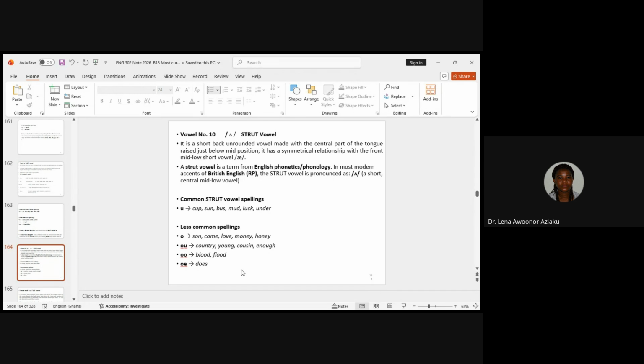And so we have two different norms, the British norm and the American norm. We as Ghanaians, because we've been colonized by the British, are supposed to have the British norm. And British has a set of phonemes. Phonemes are finite. They are not infinite.